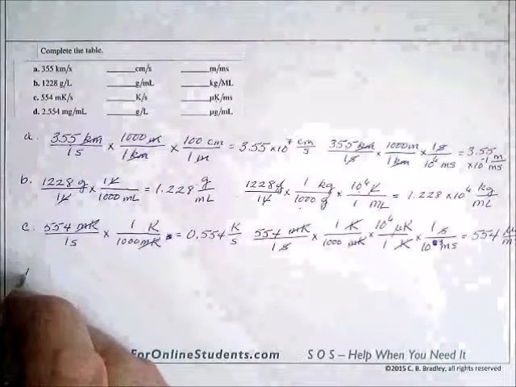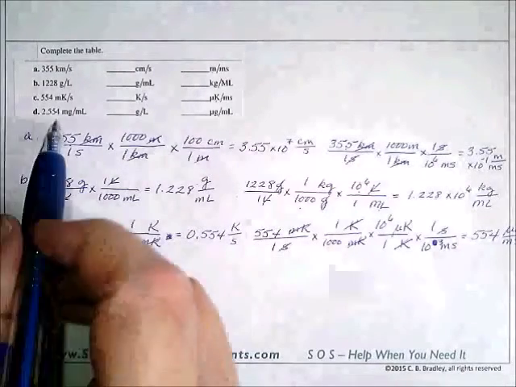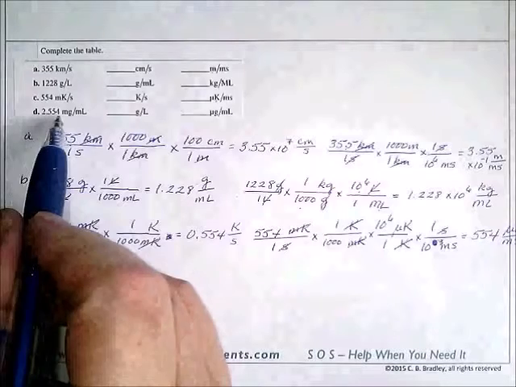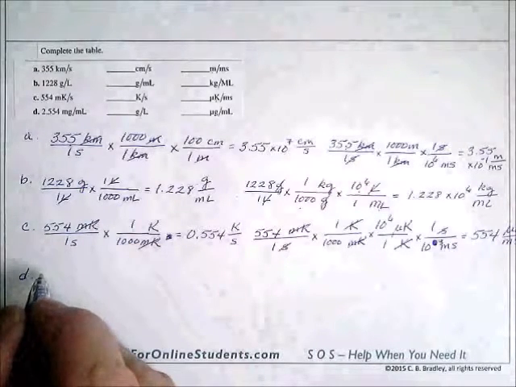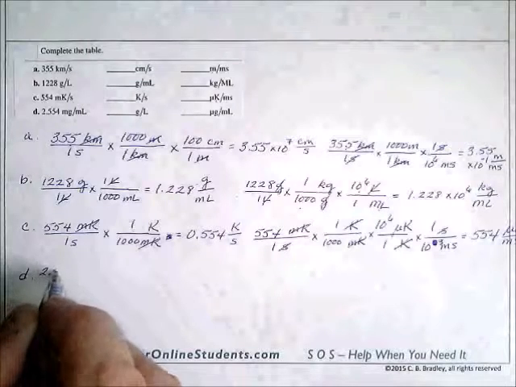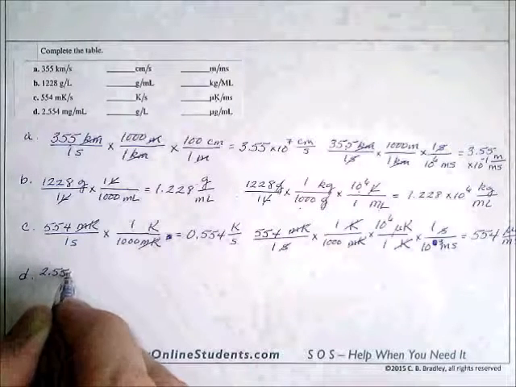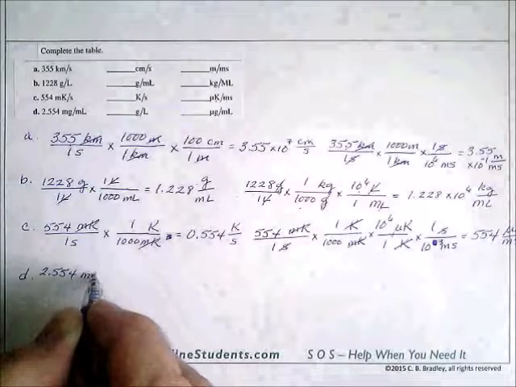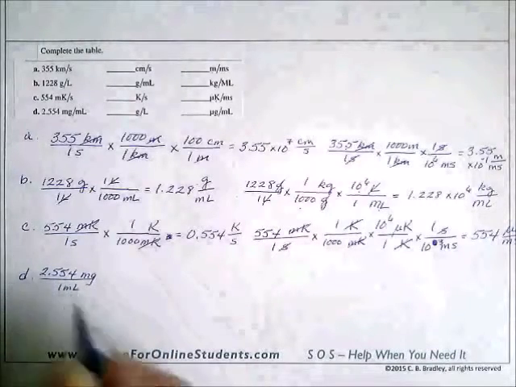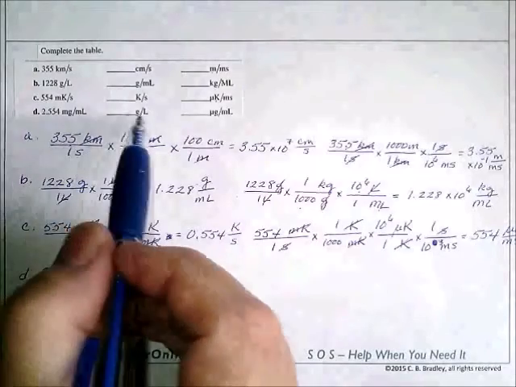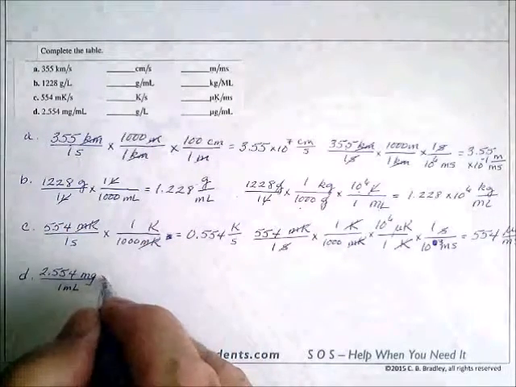D. 2.554 milligrams per milliliter. And we're converting to grams per liter.